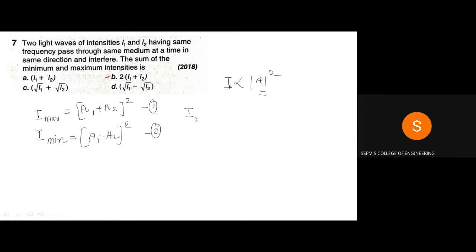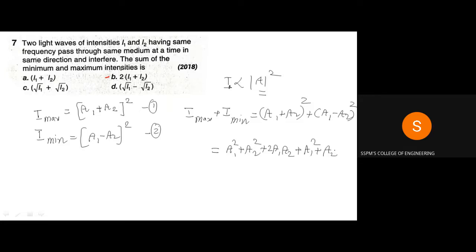That we can take I maximum plus I minimum equals A1 plus A2 whole square plus A1 minus A2 whole square. Solve this. So equals A1 square plus A2 square plus 2 A1 A2, plus A1 square plus A2 square minus 2 A1 A2.